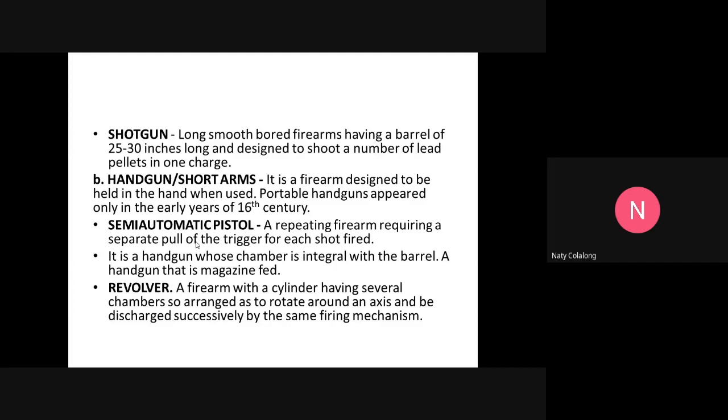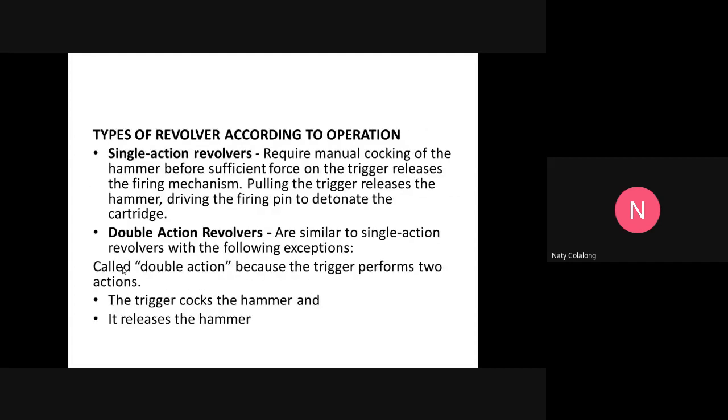A handgun that is magazine fed. Then you have the revolver, a firearm with a cylinder having several chambers so arranged as to rotate. Okay? So habang ipinuputok mo, umiikot po siya. So arranged as to rotate around an axis and be discharged successively by the same firing mechanism.